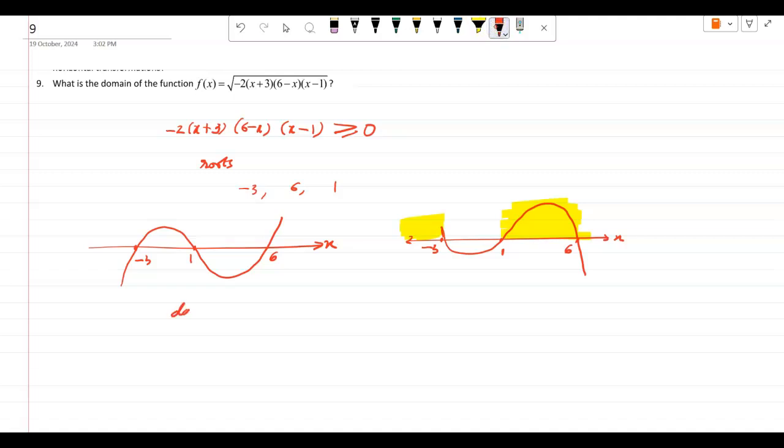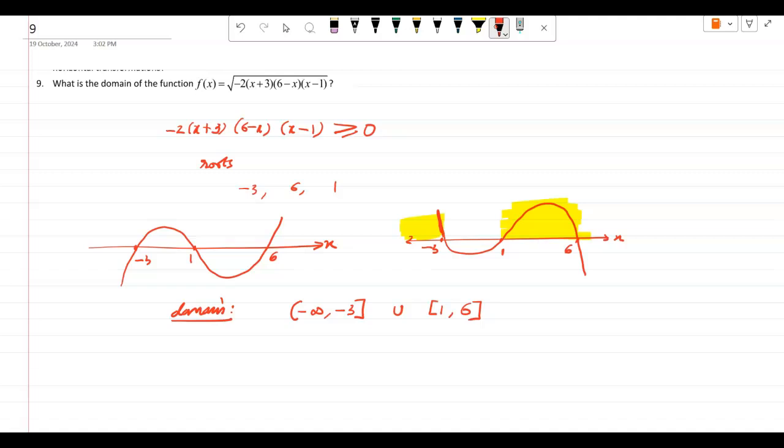My domain will be x less than -3, so minus infinity to -3, with -3 excluded, union 1 to 6. Why is the part beyond 6 negative? Because it just continues. This is positive. Good.